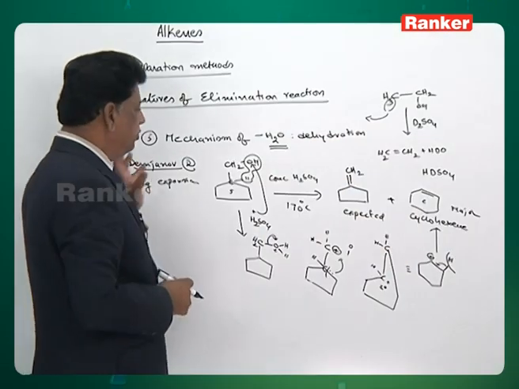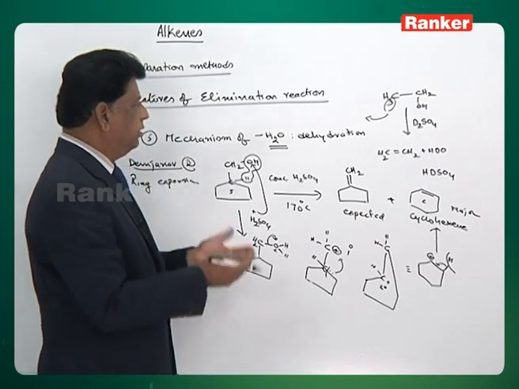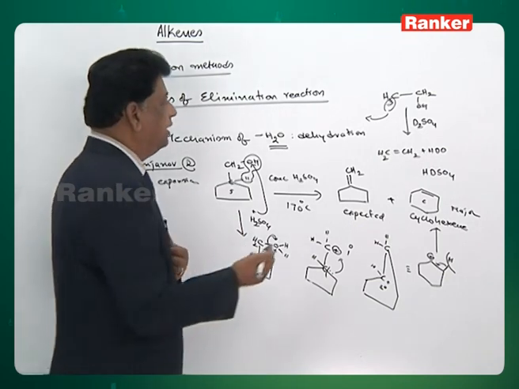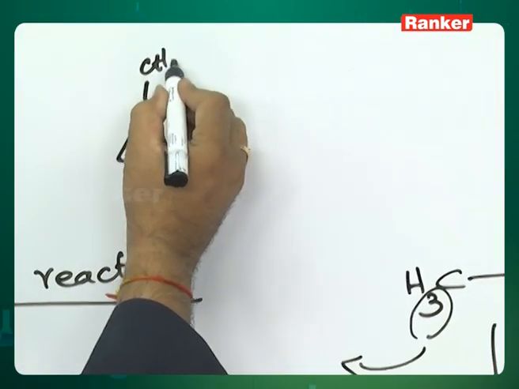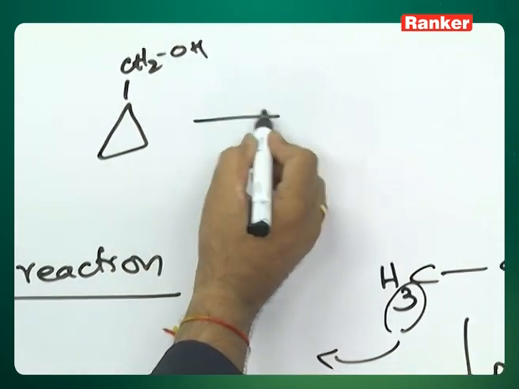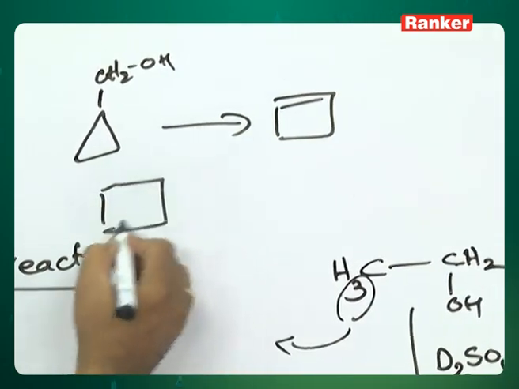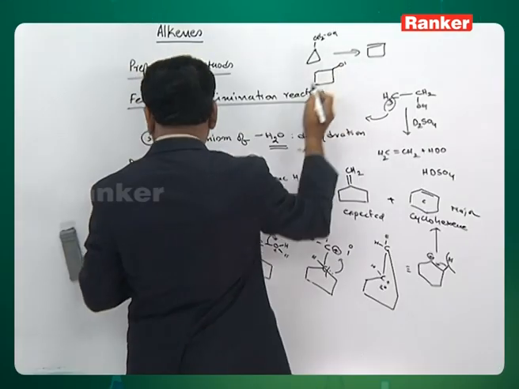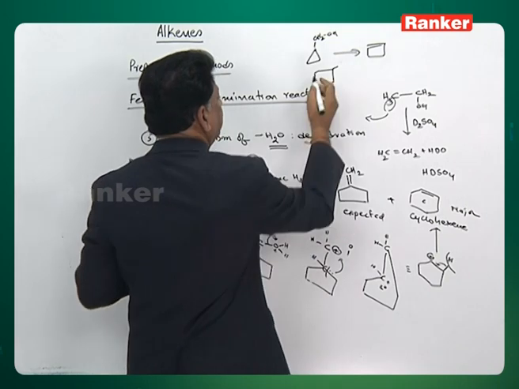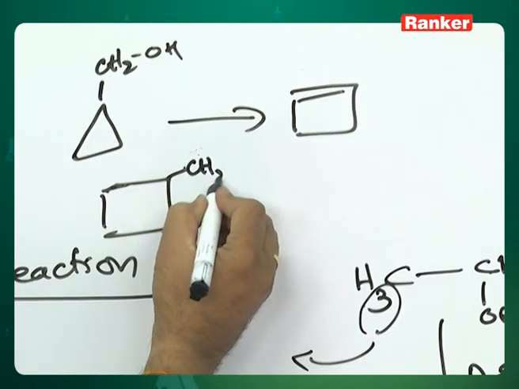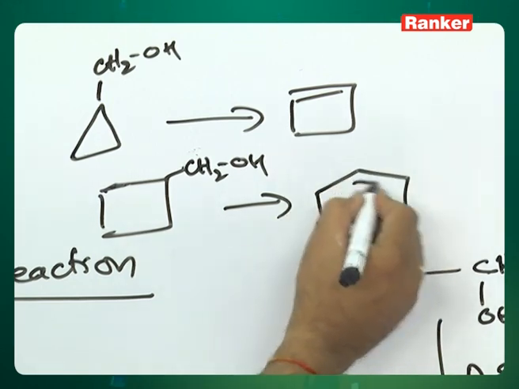What is the Demjanov rearrangement? In this rearrangement, the smaller rings like a 3-membered ring will become a 4-membered ring, and a simple example you too can quote like this: CH2OH, when I try to dehydrate, you will get cyclobutane. A cyclobutane with a CH2OH, 1 carbon should be there outside, isn't it? So, a 4-membered ring with CH2OH, when I dehydrate it, you will get a 5-membered ring with a double bond.